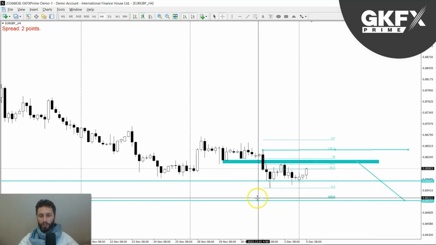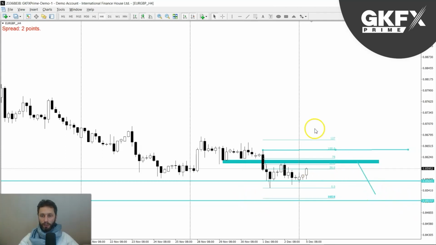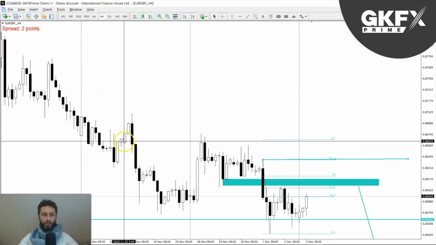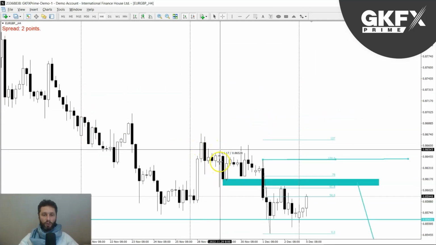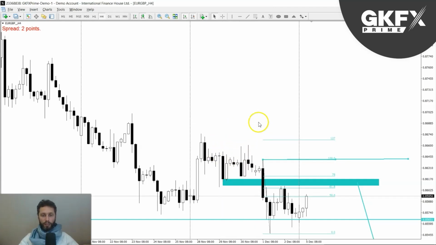And we have an extension of the fib here as well. So 0.852, I'll be looking at that as a target, if there is indeed some kind of price action reversal, just like we had here, and move lower, bearish candles and more weakness. At the moment, we're having a bounce off this level.